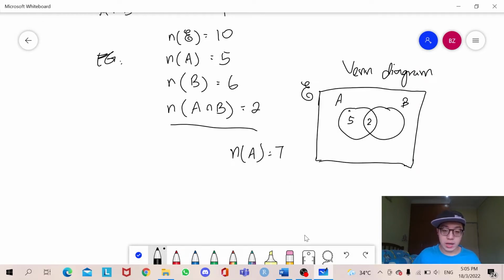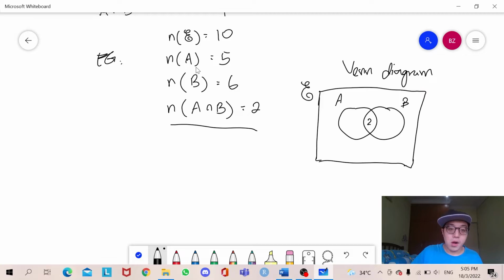So this is wrong. You do the intersect first. It equals 2. And now you can start to solve A and B.